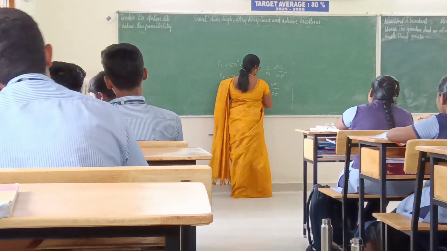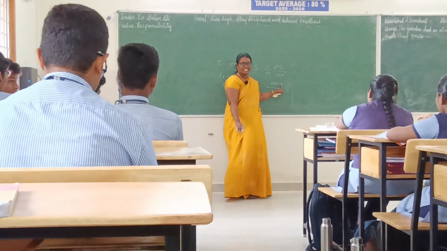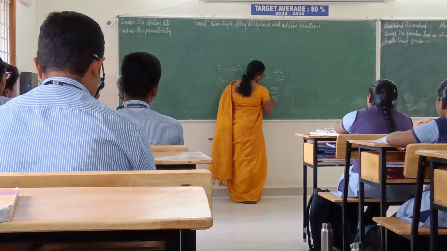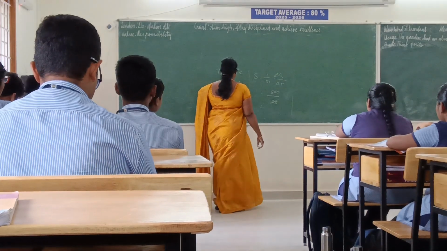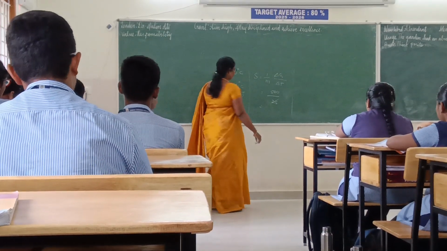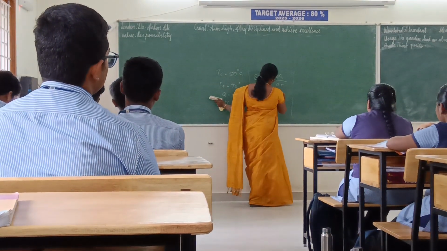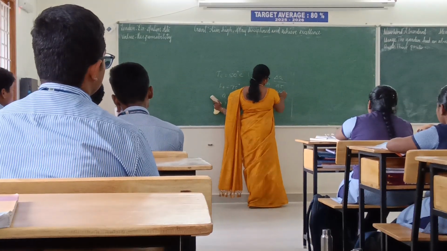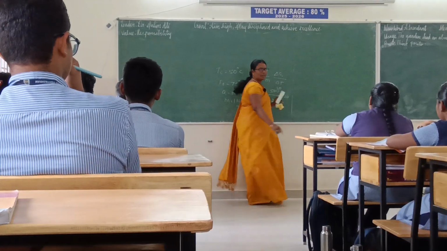Formula is right. So you want the exact value? Yeah, that's fine. And also write this: twenty joule per kilogram per Kelvin.